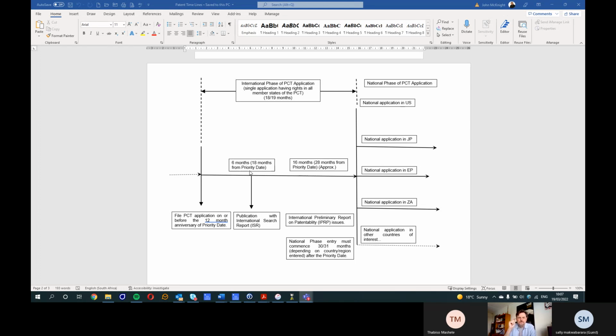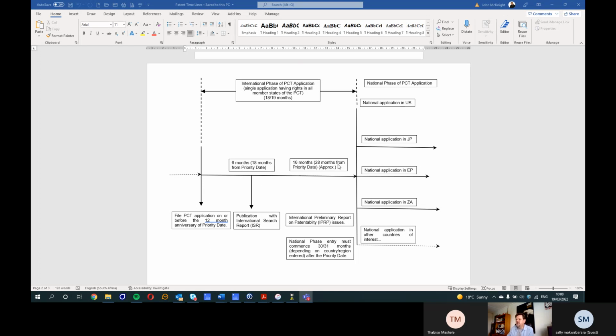Tell me if this is novel. Tell me if this is inventive, compared to the prior art that existed on or before the priority date of the application. You get this international search report 6 months from the date on which you filed the PCT application, which is in fact 18 months from the priority date.